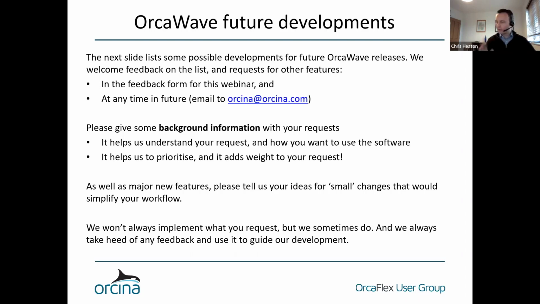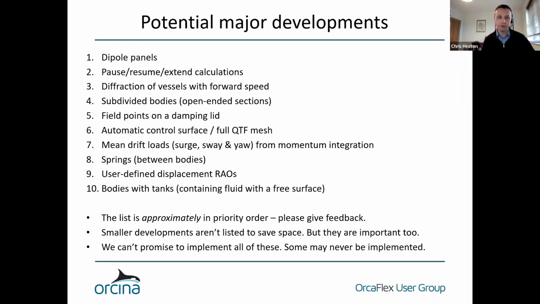As I've talked today, I've gone through some relatively large and relatively small developments. We always try and do a mixture of both, so you don't have to restrict your requests to large items. Anything that's smaller and quicker and might just make your life a bit easier is also good to know about.